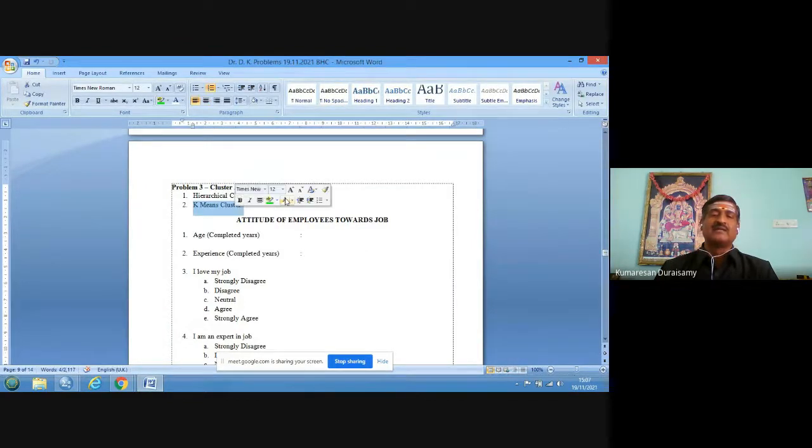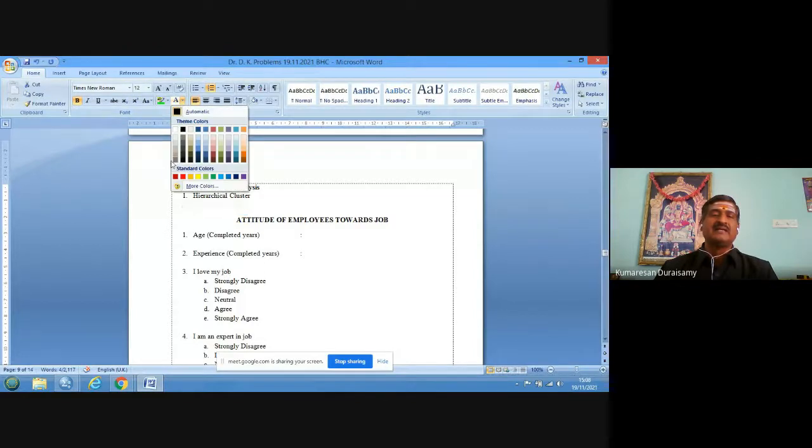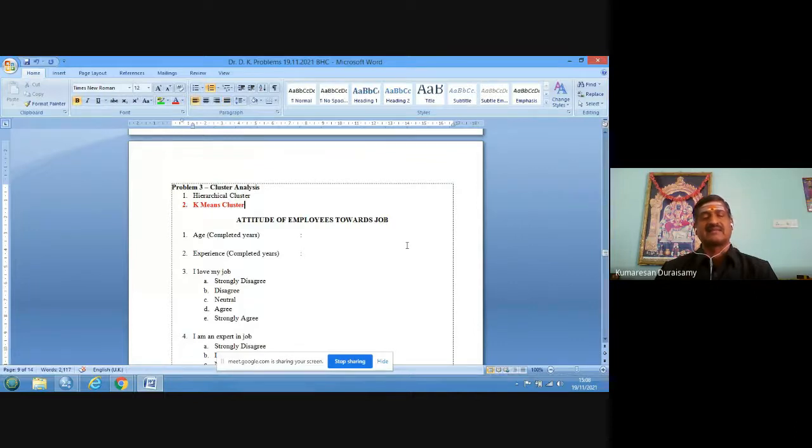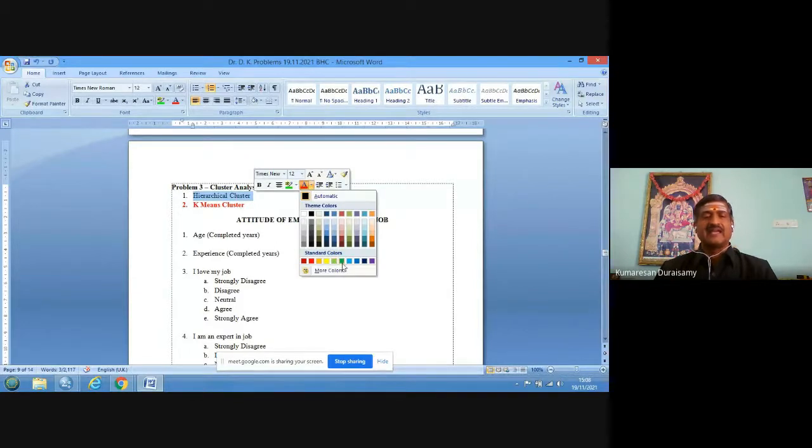This can be used if we know how many clusters are to be made. If we do not know how many clusters are to be created or how many groups are to be formed, then we have to go to hierarchical cluster. So initially, we do not know.